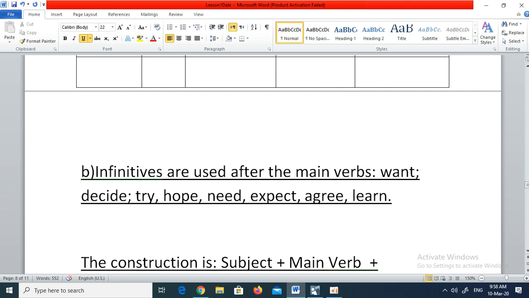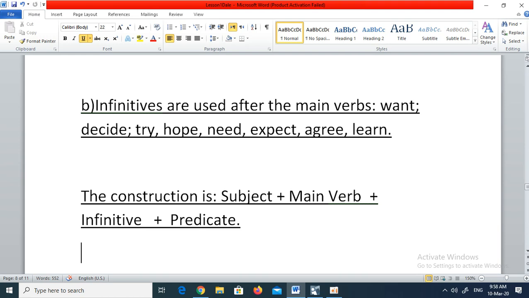These main verbs usually take infinitives after them, and we need those infinitives to carry forwards the meaning of the main verb. All right, the construction we use is again a very simple one.